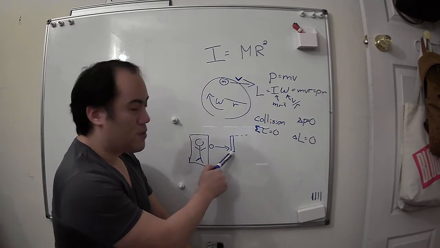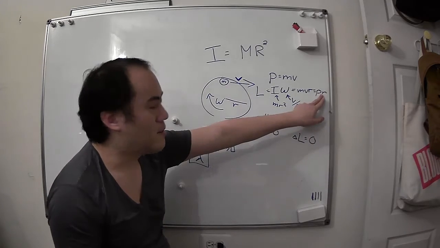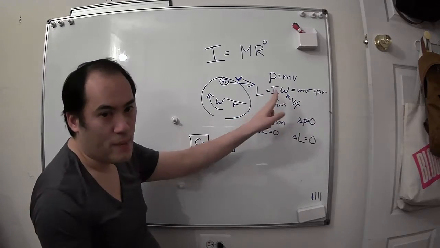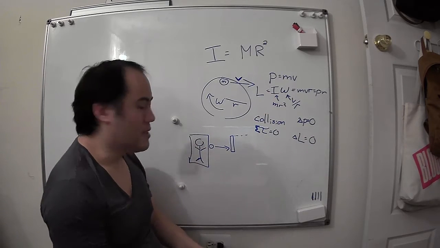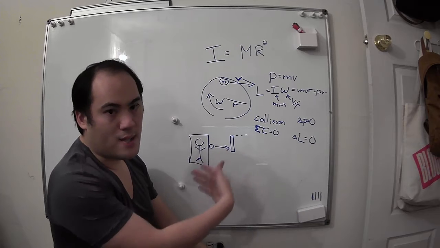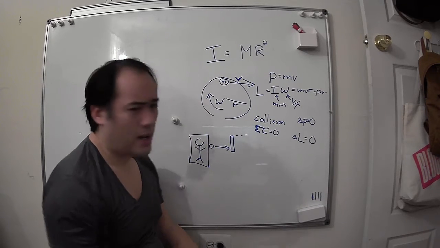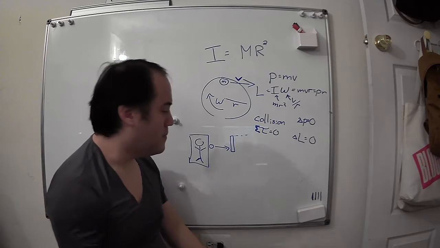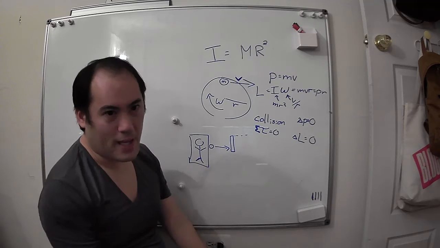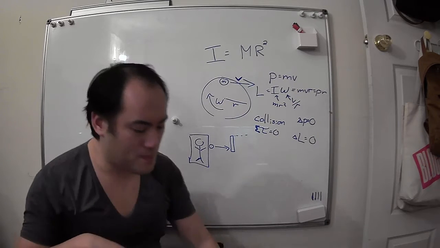If the ball hit the door and stopped, you would just say PR for the ball equals I omega for the door. And since gravity is downward in this situation, it wouldn't affect the door moving horizontally. That's just an example of a problem that's possible.